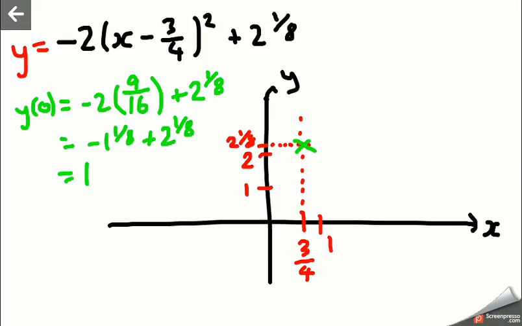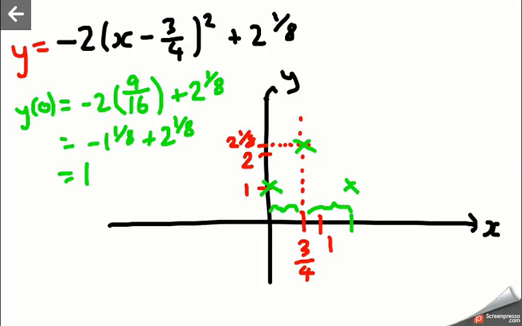So our y-intercept is 1. And I mean, you can plot more points if you want. You could plot, I guess, 1.5, and you would find that by the symmetry, because this here is the same distance as this here. They're both 3/4. So by the symmetry, y of 1.5 should also be 1. And so we know our parabola goes through that point.